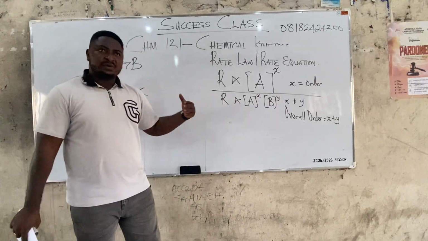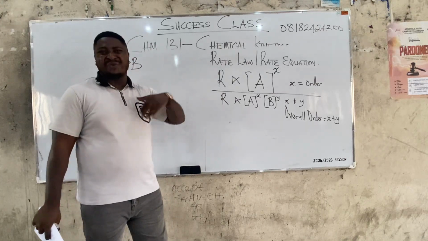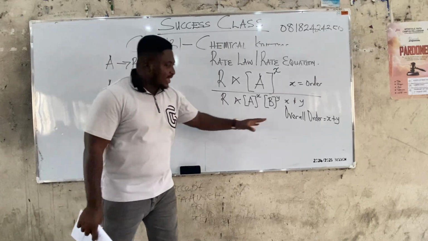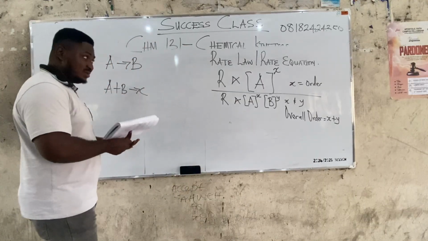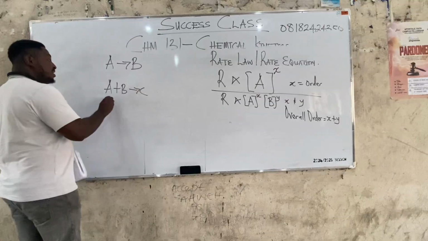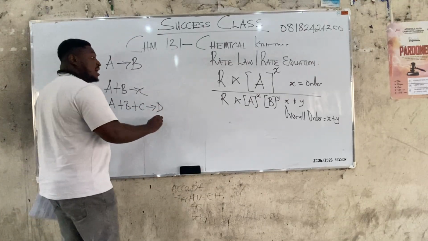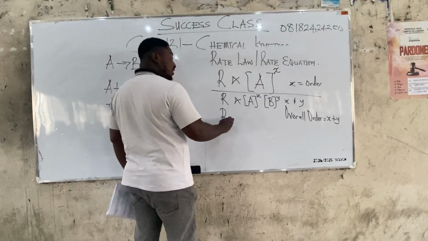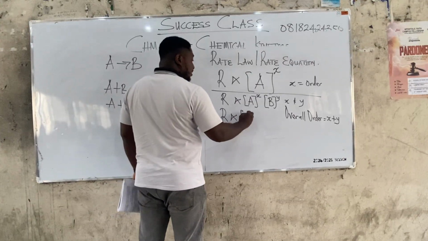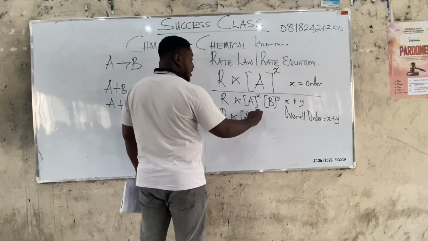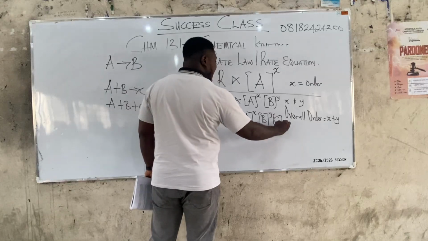So if we have to find the order of the reaction, we use the overall order, x plus y. Even if we have three reactants, it will be x, y, z. If we have A plus B plus C to give D, our rate equation will be R proportional to A raised to x, B raised to y, C raised to z.